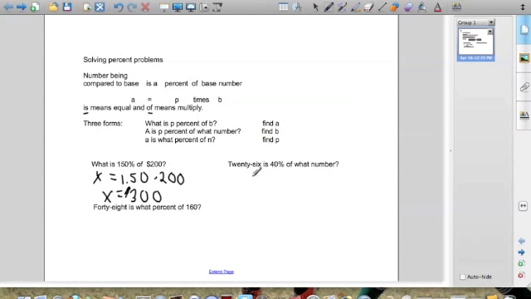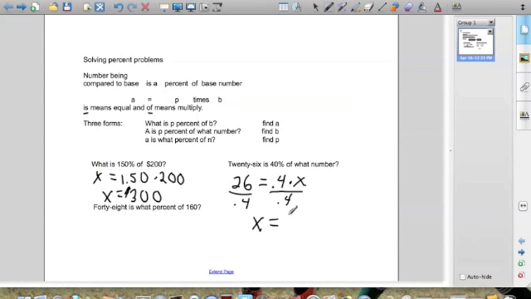Now in the next one, 26 is, so again I just set this up. 26 is equal to 40% of what number? So I have 0.4x, and I'm solving this equation. I divide by 0.4 on both sides, so x is equal to 26 divided by 0.4, which is 65.